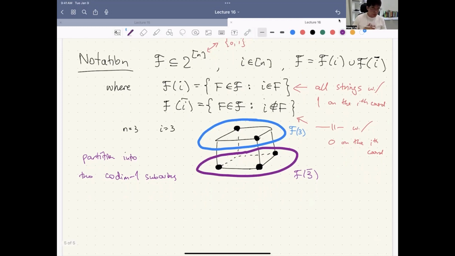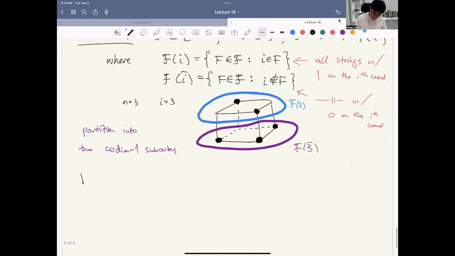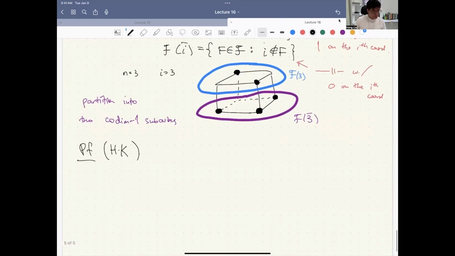This is how we're going to do induction, using this very natural partition. Proof of the Harris-Kleitman inequality.